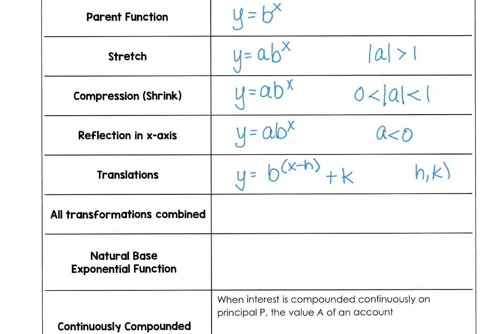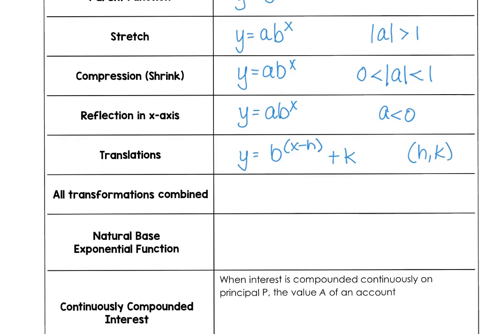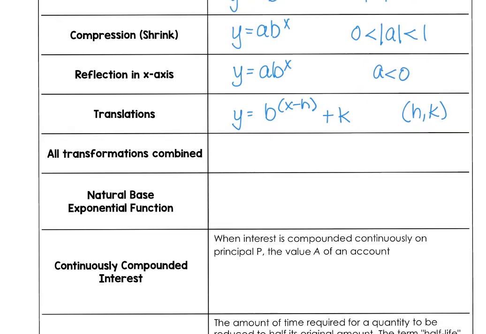So h and k is like that starting location. And then putting all of those together, all the transformations combined, would be when we have a format or model of y equals a times b to the x minus h power plus k.